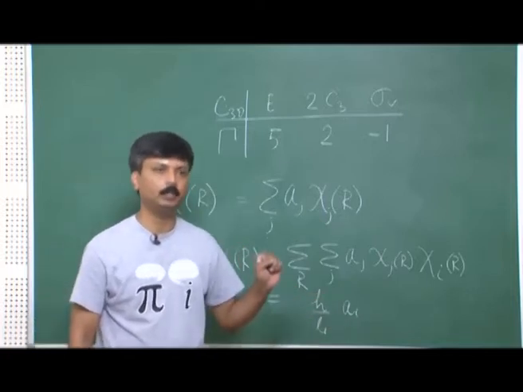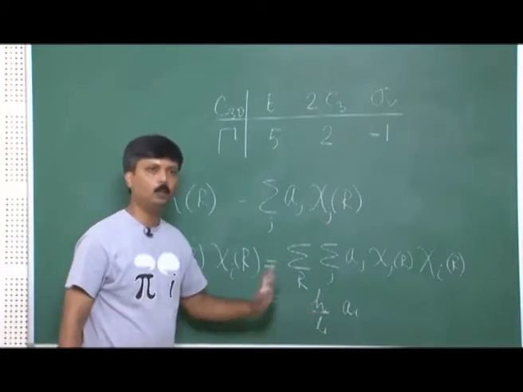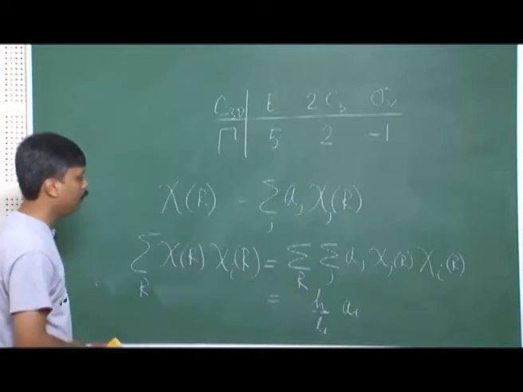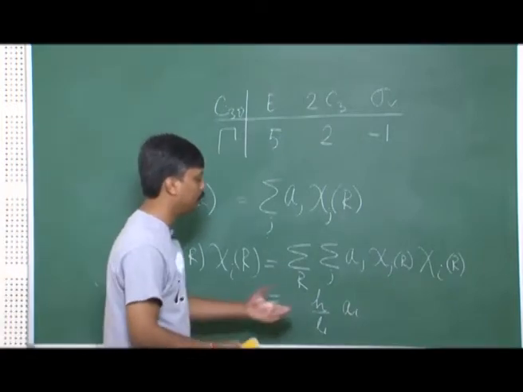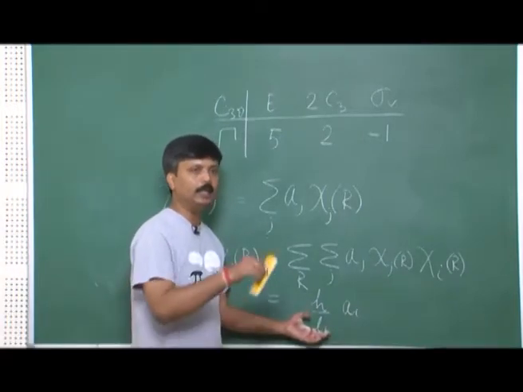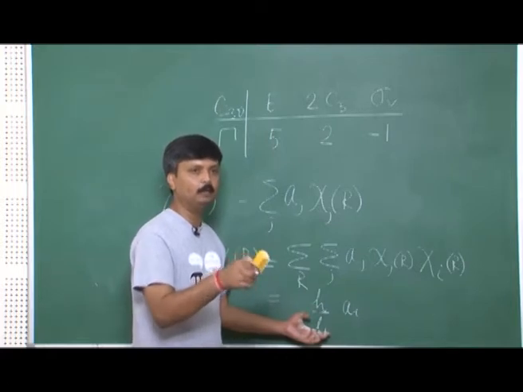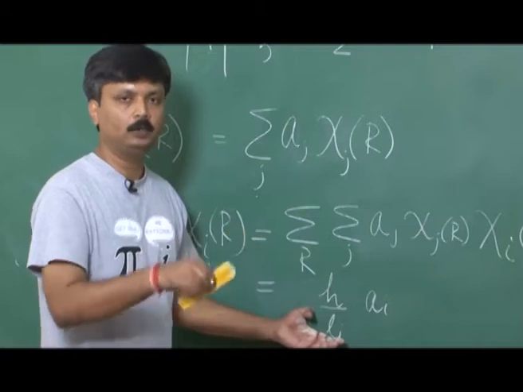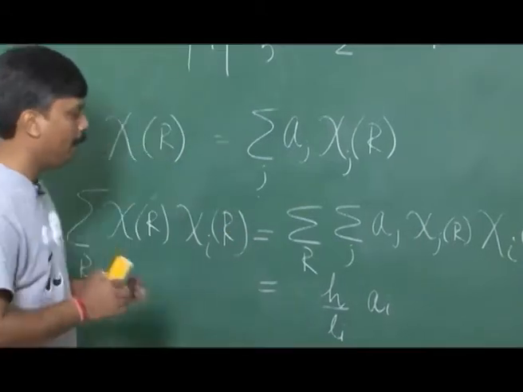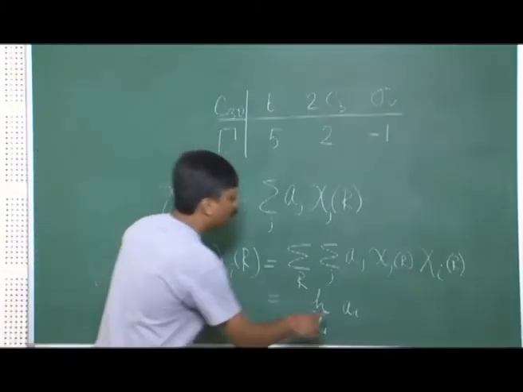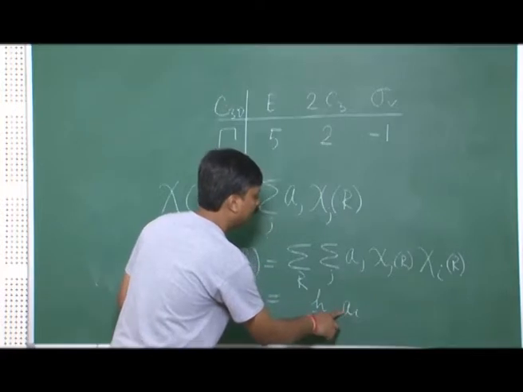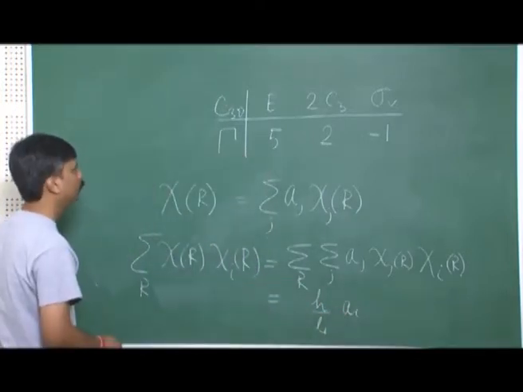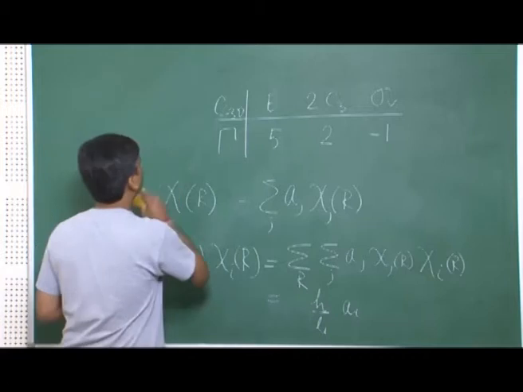Okay, li is a dimension. For one dimensional, li equals to 1. This comes from that term in the great orthogonality theorem, that h by root over li lj, when i equals to j, then it is li square. So root over li square, I am getting this li. Okay.